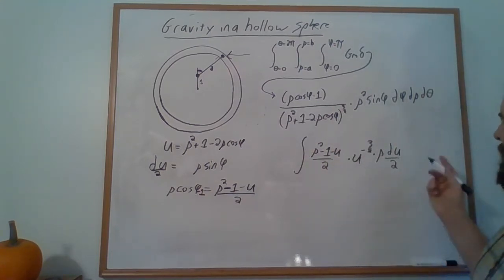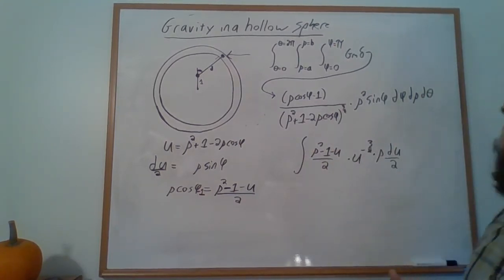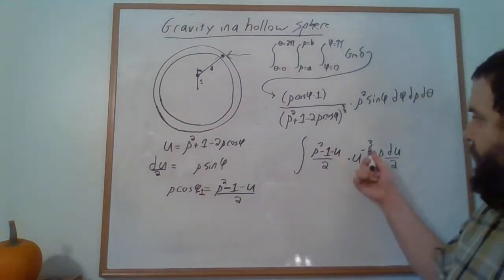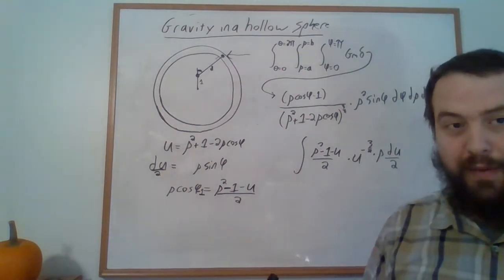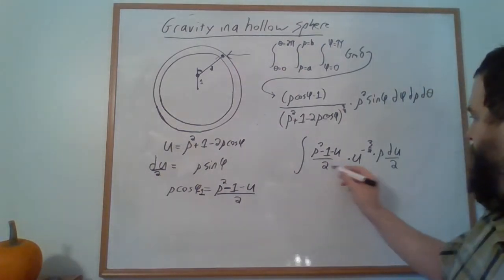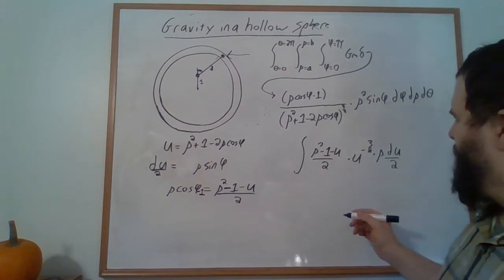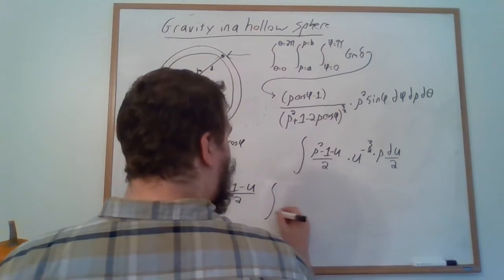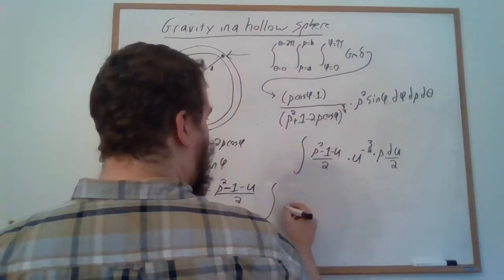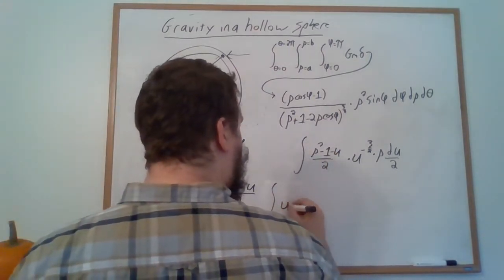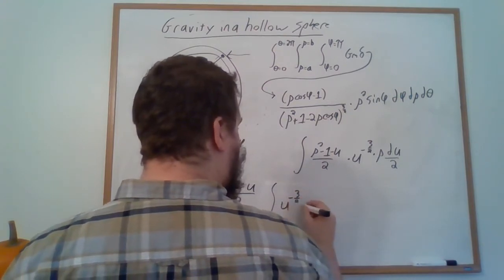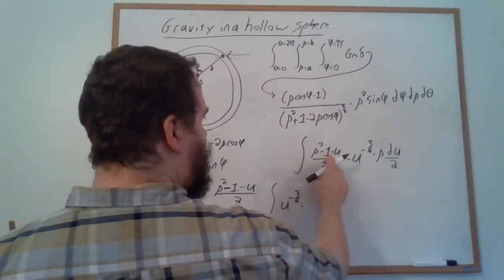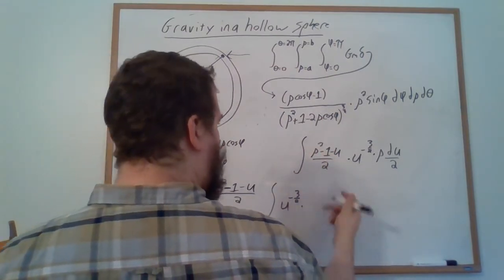So I have this thing that I want to integrate, and it looks kind of gross, but really all we're looking at here is kind of a polynomial. The exponents aren't integers, but otherwise it's a polynomial. So what we have here is going to be the integral of, so we have a u to the negative 3/2 term times rho squared minus 1 all over 2.